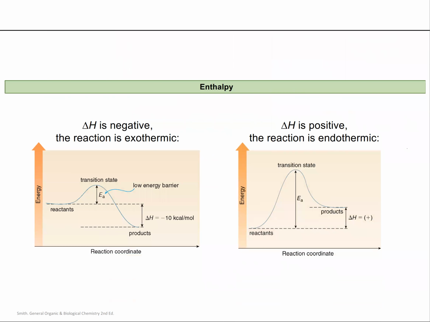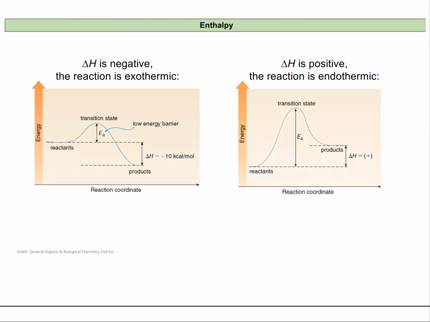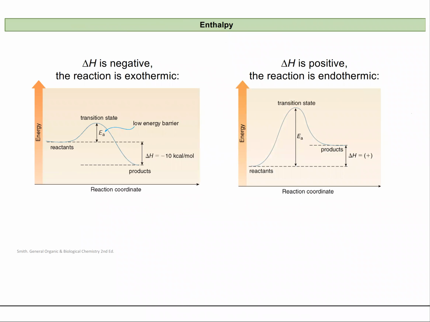This is going to look different for different types of reactions. Some reactions give off energy and some do not. And the difference between these two is the relative stability of the products versus the reactants. So in a reaction where the products are more stable, then they'll be at a lower energy than our reactants.